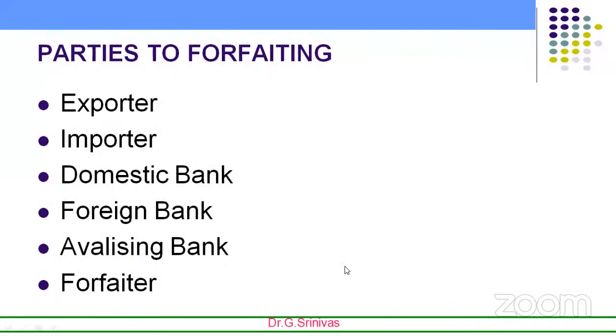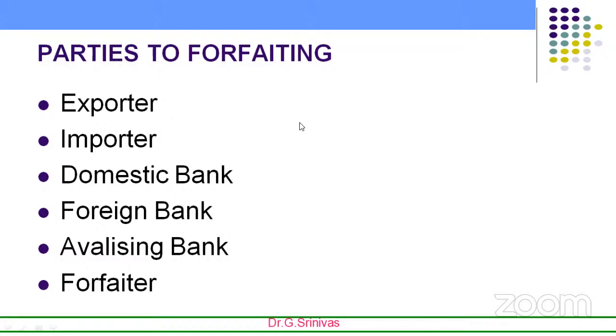Right, now we need to discuss the parties involved in forfeiting. See here, in forfeiting, there are a total of 6 parties that will be involved.